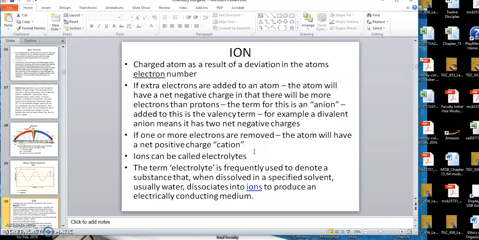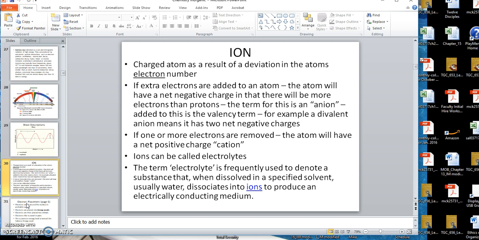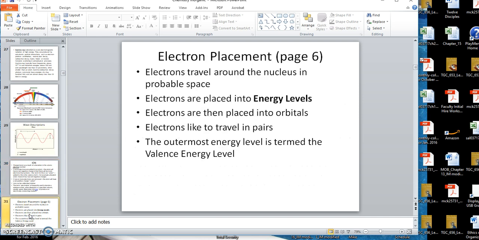So since the ions can dissolve in water, we can call them electrolytes, bodies of electricity. And that is what, like when we get further in ANP2, our sodium in our body is in an ion form, and our chloride and things of this nature there. So an ion is a charged atom as the result of a change in the electron number.